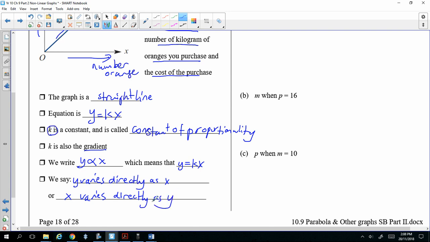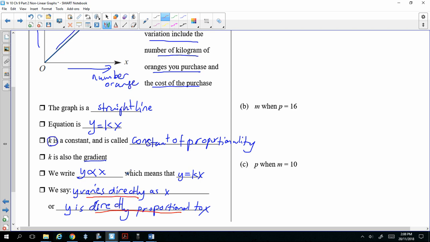I thought you could say it the other way around. Okay. So y varies directly as x, or the other way to say that is y is directly proportional to x. So you can either say directly proportional or varies directly whenever the relationship is a straight line passing through the origin.